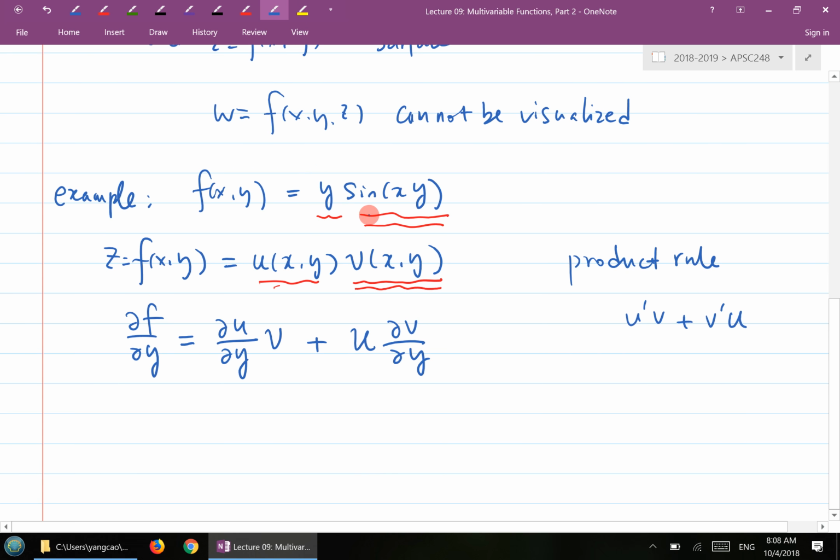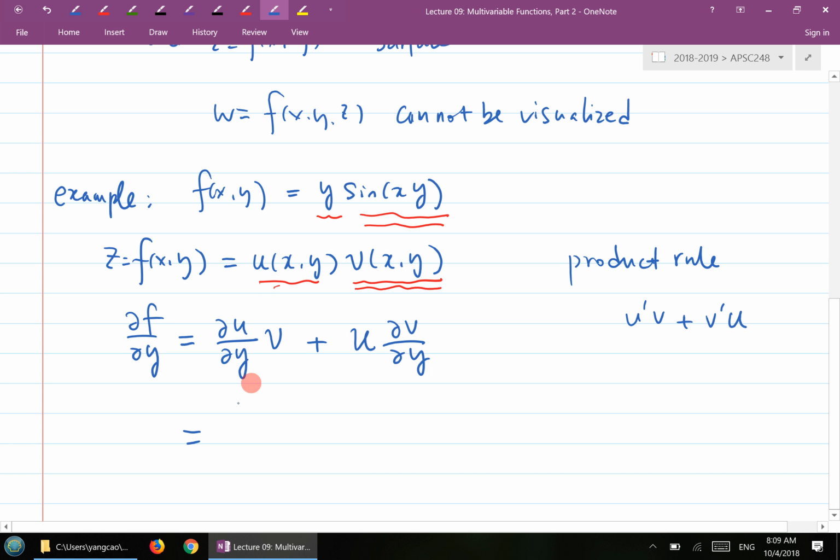Now substitute the actual function into the formula. u is y here. Even though u is a function of xy, it's really just y, so it's not really a partial now. It's just a direct du over dy in this case, because u is just a function of y.